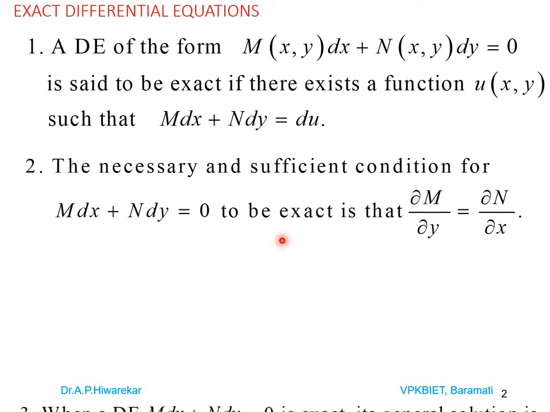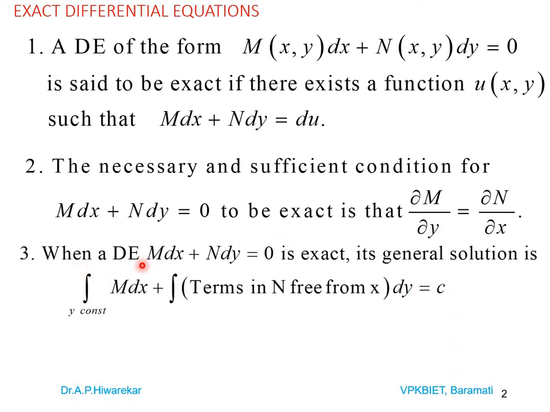So when necessary and sufficient condition is satisfied, there is a formula for solution. Means when differential equation Mdx plus Ndy is equal to 0 is exact, this condition is satisfied, then its solution is given by integration of Mdx assuming y constant, plus integration of terms in N free from x dy, which is equal to c.